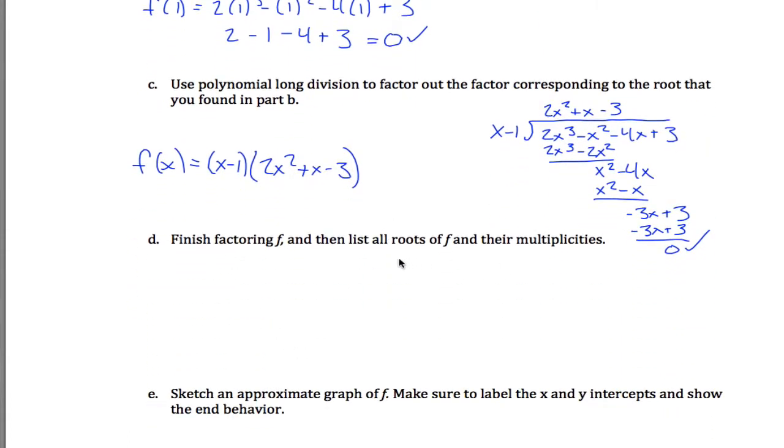All right, finish factoring f. Well, the good news is that we don't have to use polynomial long division again, because we can factor 2x squared plus x minus 3.